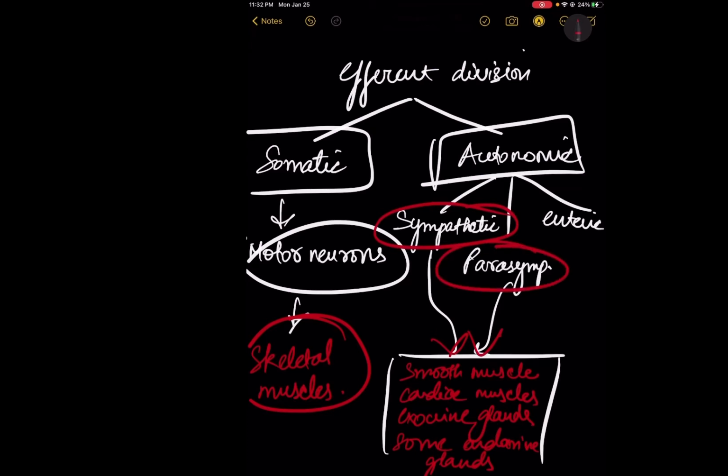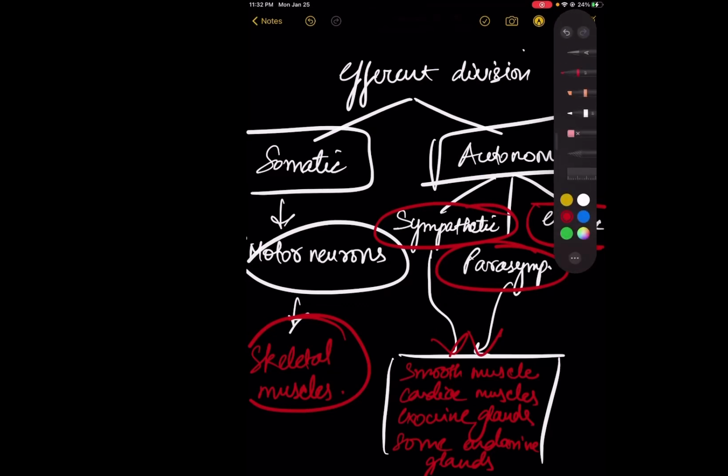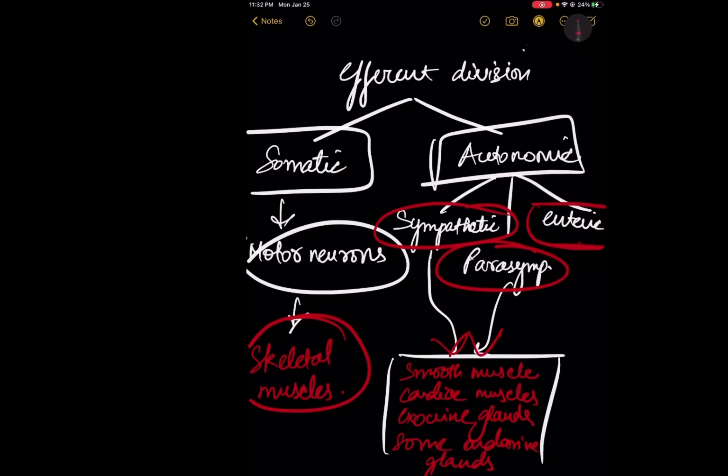Then you must be thinking, what is enteric? Enteric is just like a stimulus to the digestive tract. It has only digestive organs.